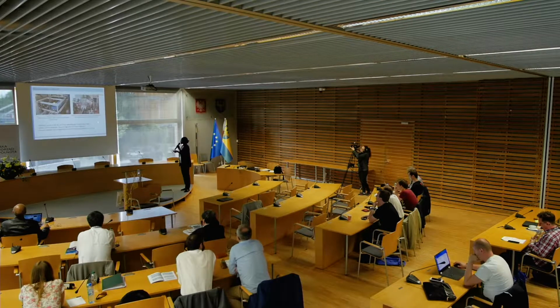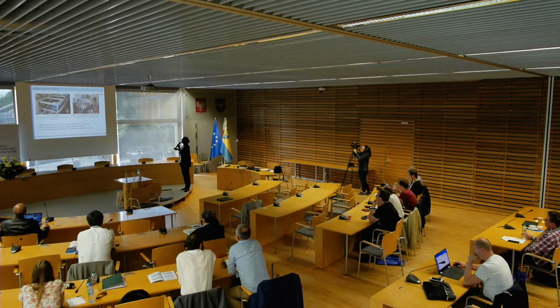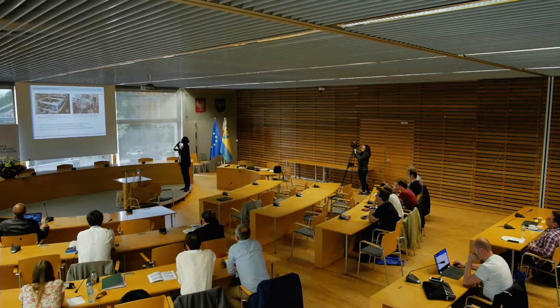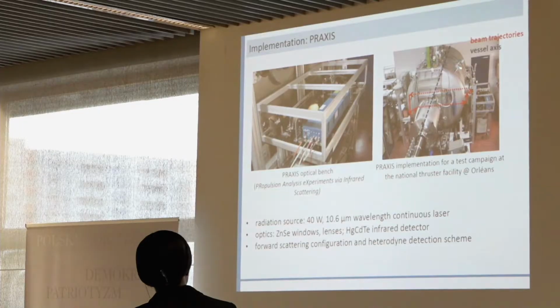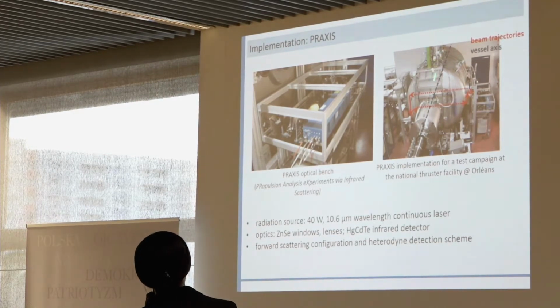But basically, for investigations on the thruster, we have a setup where the optical bench is set up beside the vacuum vessel. We have access ports on the side of the vessel, and the thruster, which is typically in the kilowatt range, is located on the axis of the device. So we can traverse the plasma and then, through a set of windows, recover the scattered signal, and using a lot of mirrors, send it across.